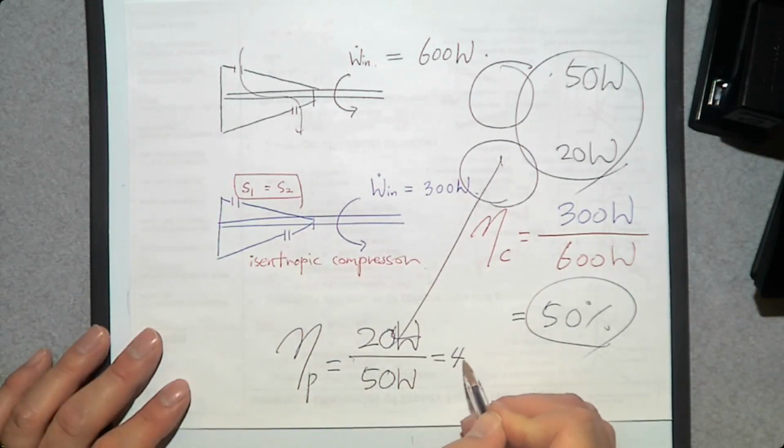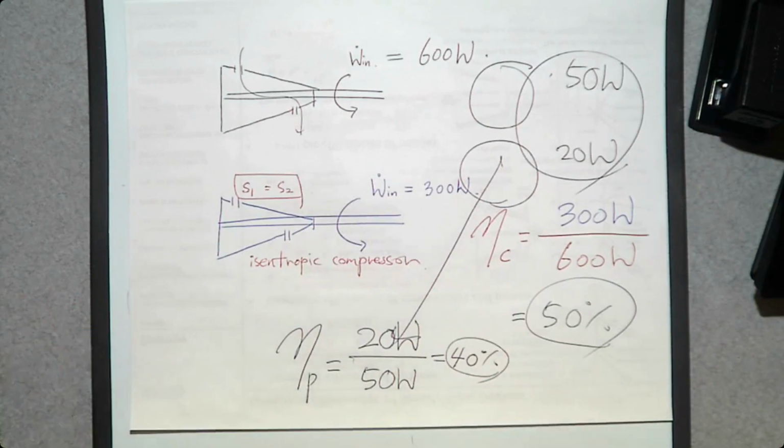And what is the pump efficiency? 40%. So my pump is not very good, only 40% close to the ideal pump. Okay, get the idea? So that's the whole concept about isentropic efficiency.